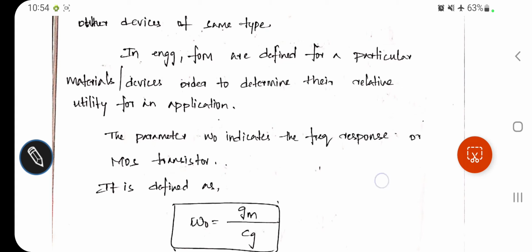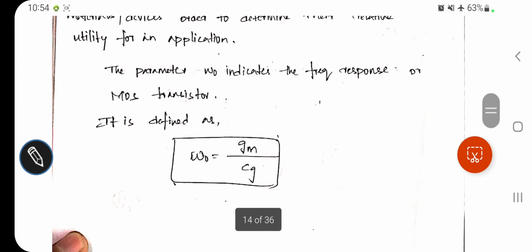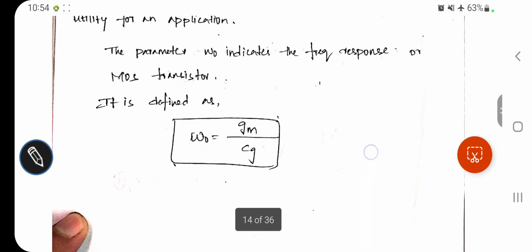The figure of merit is omega naught, the frequency response, equal to GM by CGS. So the figure of merit of a device is given by the transconductance divided by the gate capacitance of the device.